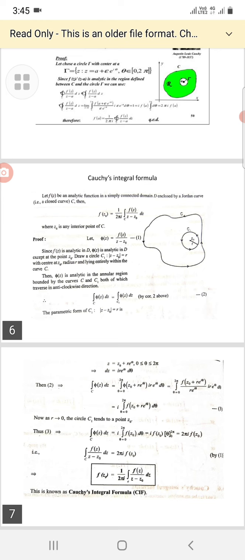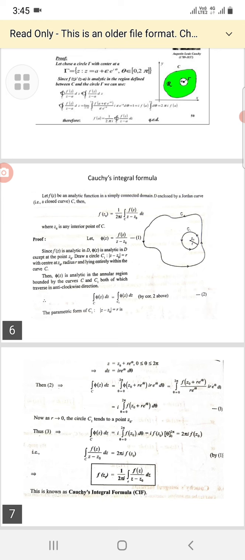So equation 1, the integral of phi of z dz, which is the integral of f of z divided by z minus z0, is equal to 2 pi i into f of z0.